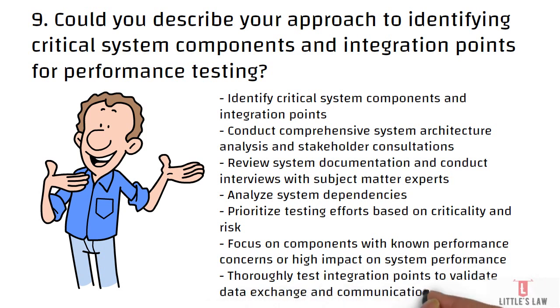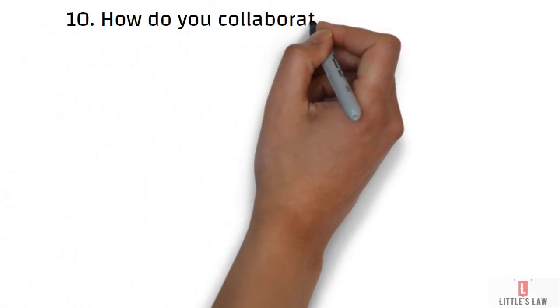I then prioritize the testing efforts based on criticality and risk, and I focus on components with known performance concerns or high impact on system performance. Integration points are thoroughly tested to validate data exchange and communication protocols under load. And now, moving on to the last question.